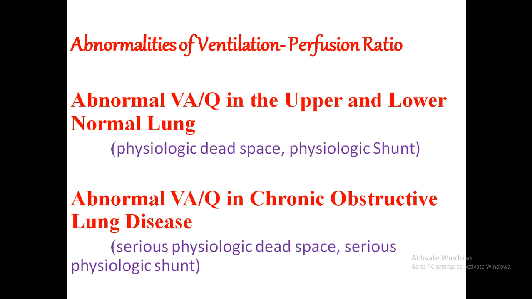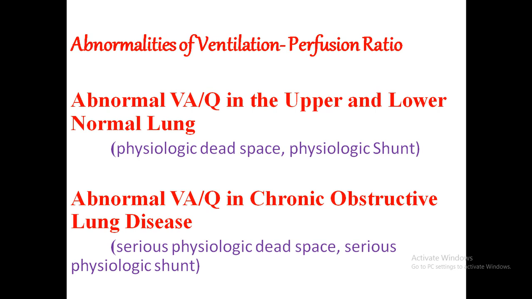In a normal person in the upright position, both pulmonary capillary blood flow and alveolar ventilation are considerably less in the upper part of the lung than in the lower part, and there we have the physiological dead space, and at the other extreme, in the bottom, we can have the physiological shunt. Another example of obstructive lung disease is emphysema.